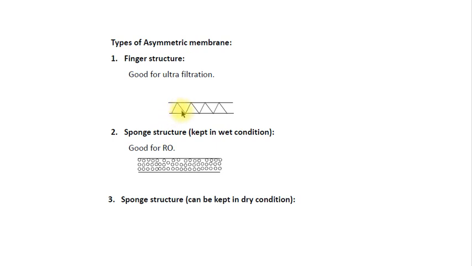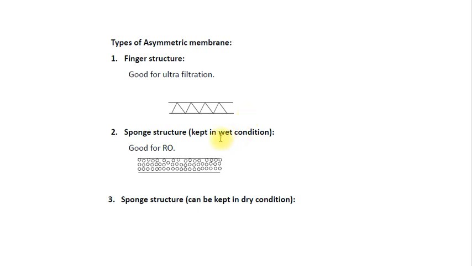In the sponge type of pores, you have a homogeneous porous structure, and above it you cast a non-porous membrane. The sponge type of structure is generally used in the RO process, and finger types are used in other processes where you have highly concentrated solutions.